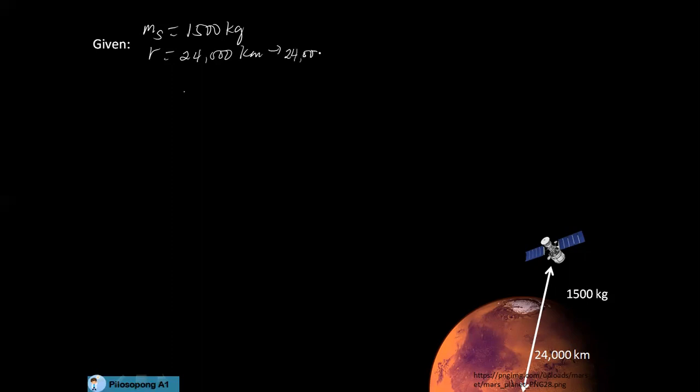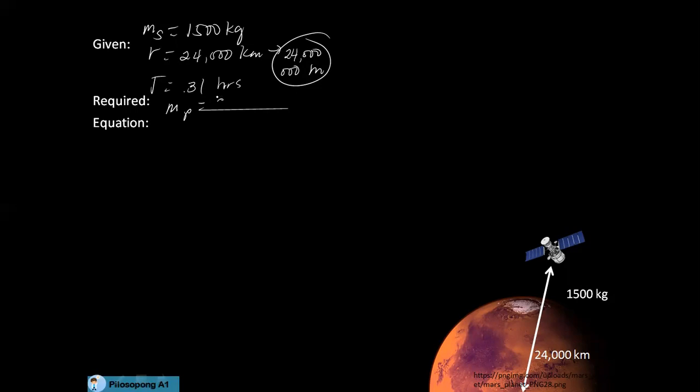So let's convert this, that will become 24 million meters. And then we have a period of 31 hours. So we don't have any value for force, so we need to derive it. We are to find the mass of the planet. So how will we come up with that equation?